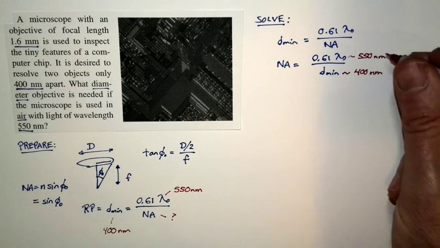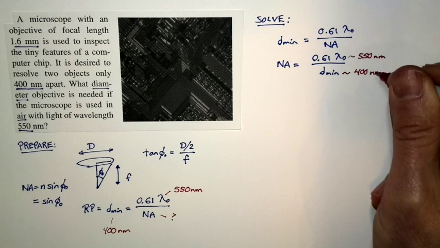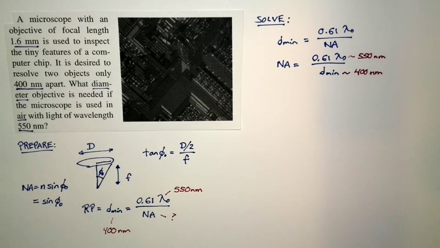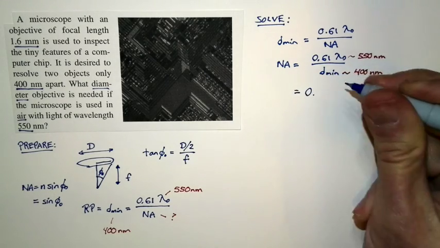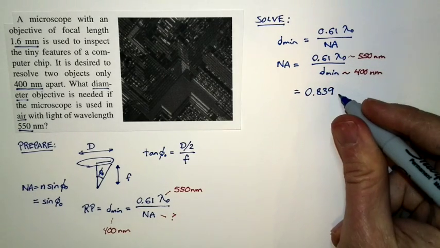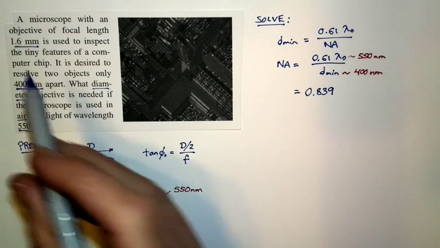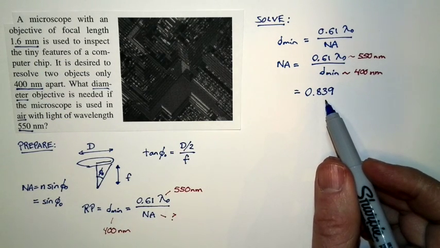Now, since it's nanometers over nanometers, I can just keep them in nanometers, and the units will cancel, and I can solve for the numerical aperture. If I do that, I get a numerical aperture of 0.839, and I'm going to keep an extra significant figure. This is a two significant figure problem, but at intermediate stages, I'll keep extra sig figs.